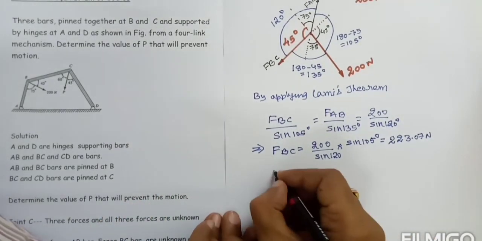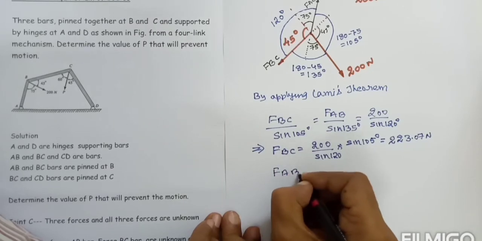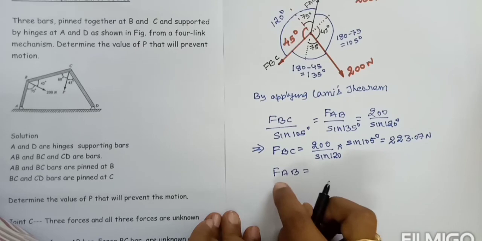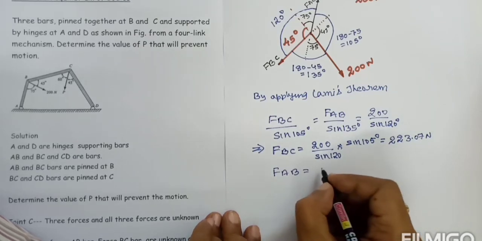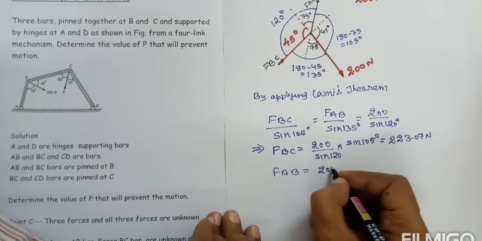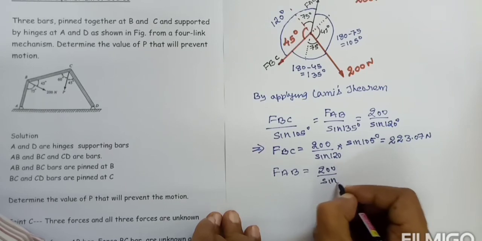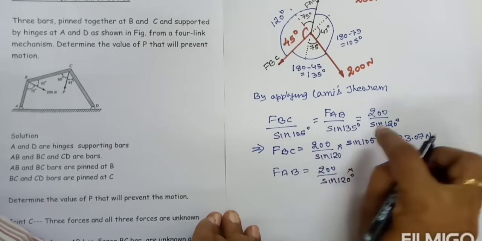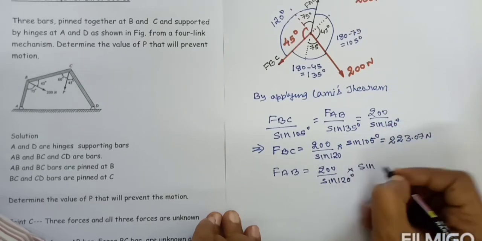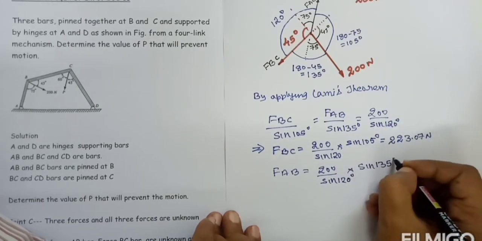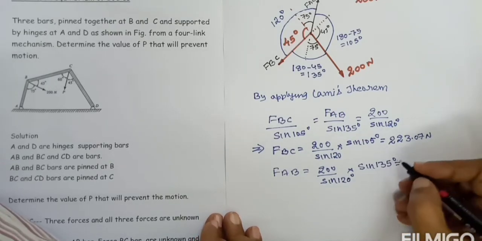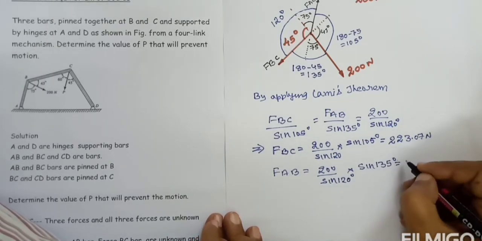Then FAB, the force along the bar AB, is equal to 200 by sine 120 into sine 135, which is equal to 163.33.